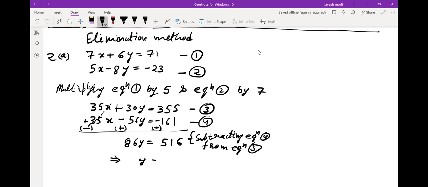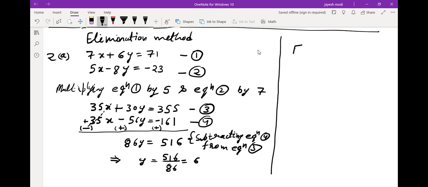It implies y equals 516 upon 86. So 8 sixes are 48. So 86 sixes, if you do it in rough, it is 6. Okay. So y equals 6. Is that clear to you?